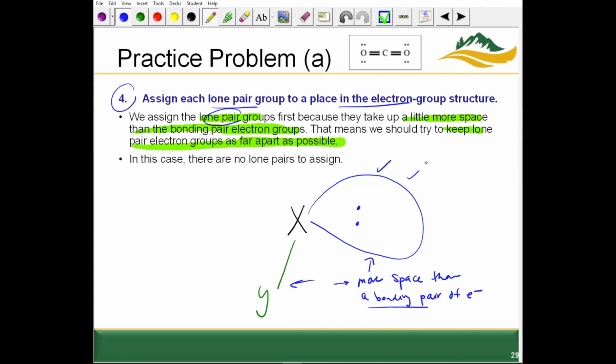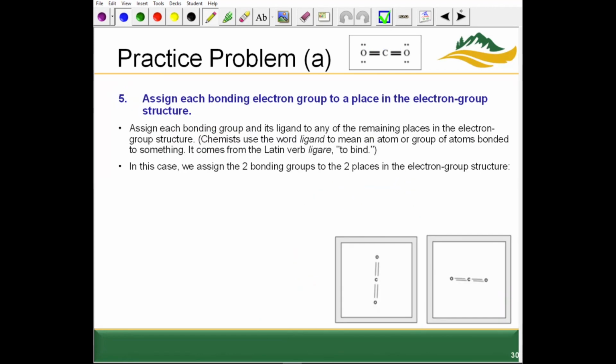So once we come back to this, we'll keep this in mind. For carbon dioxide, we just have two double bonds and no lone pairs. So lone pairs would take up more space, then we'd go in and place each bonding electron group around the central atom. So we've been thinking about the number of groups or the number of regions of electron density around the central atom.